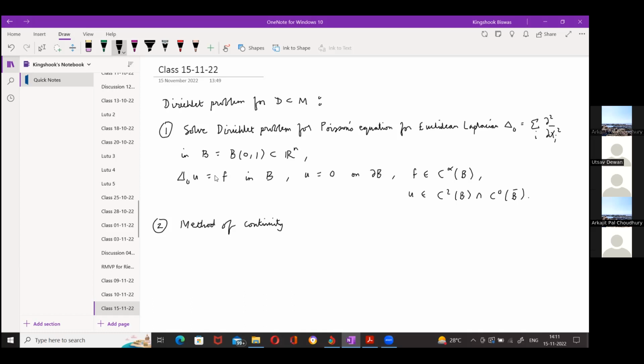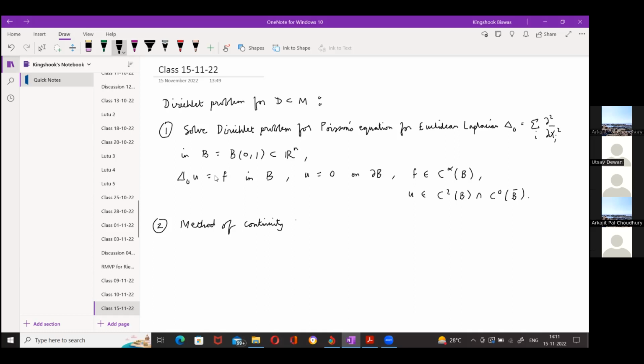So if you had a solution to the Dirichlet problem for the Euclidean Laplacian on a domain, then you also got it for any elliptic operator, second order operator on the domain, right?